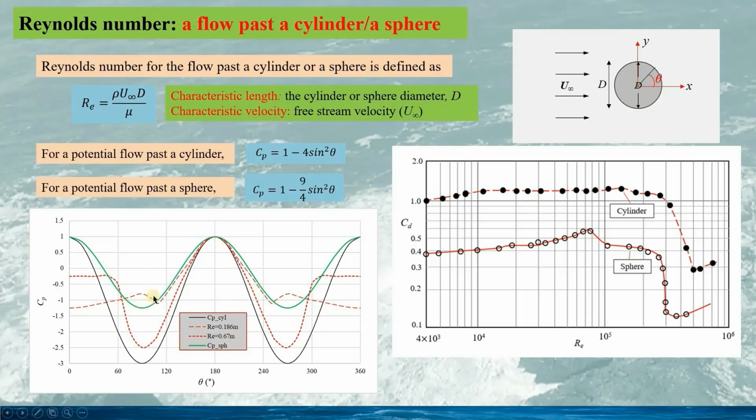So we can imagine if the real flow passes the sphere, the pressure coefficient must be smaller than this green line. So that's why the drag coefficient for the sphere is smaller than the cylinder.